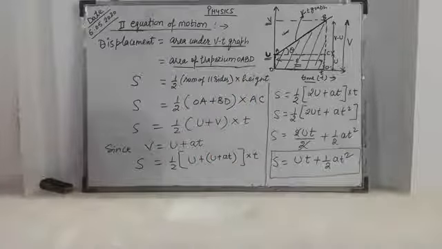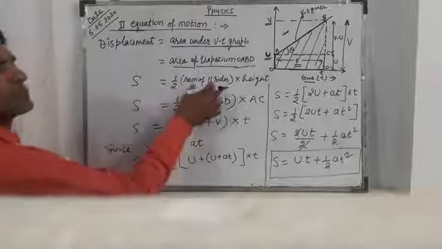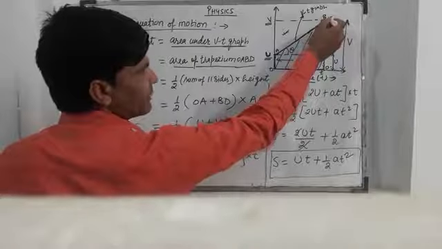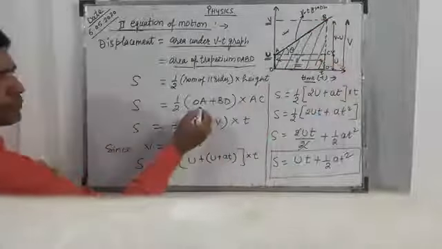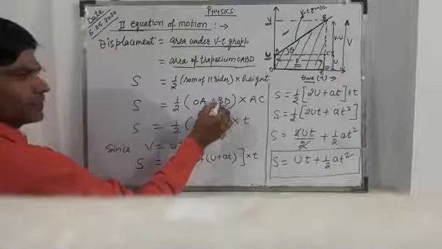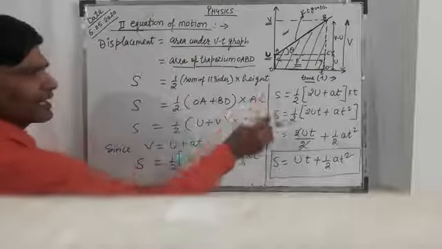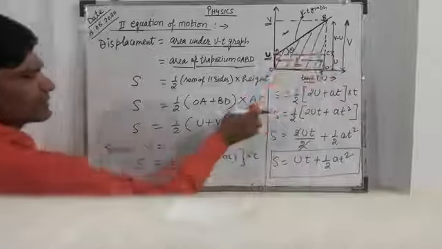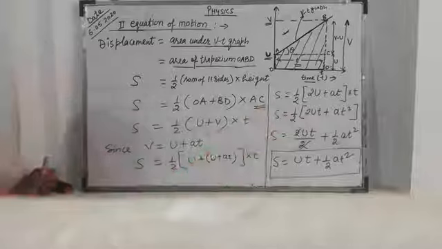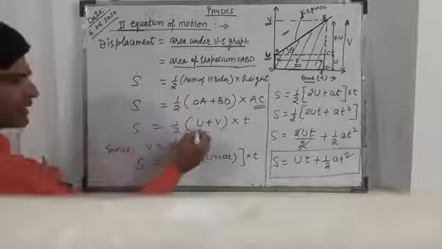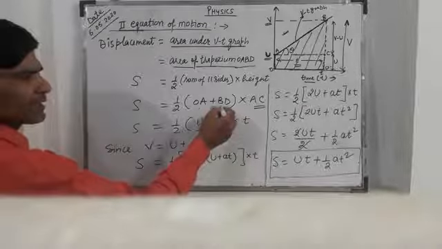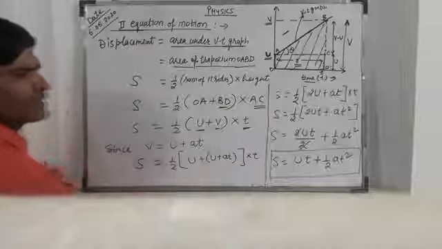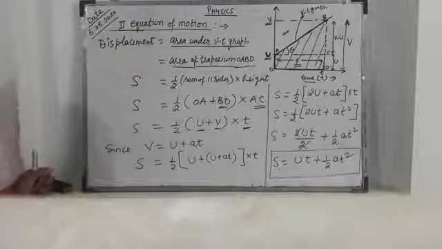From the graph, the parallel sides are OA and BD, and the height is represented by AC. The value of OA is u, the value of BD is v, and the value of AC is t.